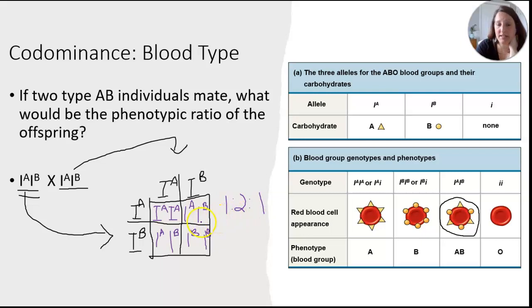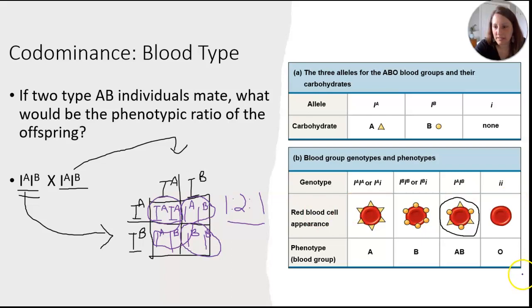So codominance, again, is a variation of incomplete dominance. So again, 1 IAIA, 2 heterozygotes, and then 1 IBIB. So there's that 1 to 2 to 1 phenotypic ratio. And again, we'll get lots of practice with blood type questions.